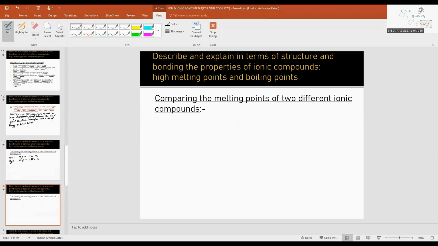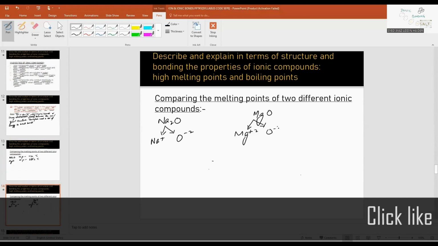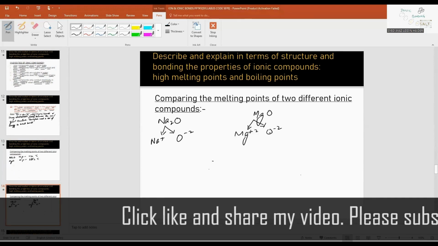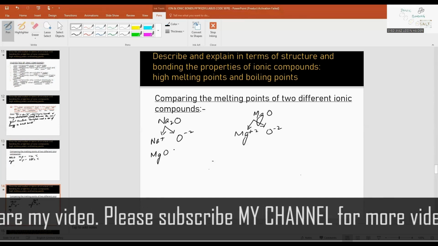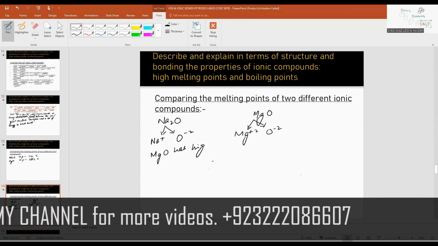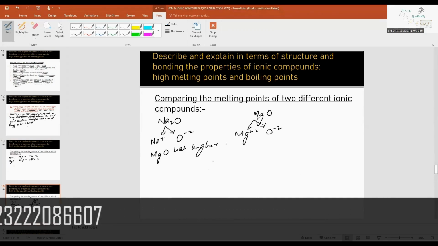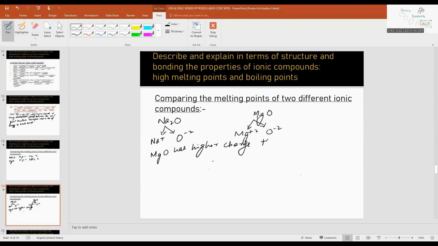You see the difference in the formulas of sodium oxide and magnesium oxide. I've already explained Na2O for sodium oxide and MgO for magnesium oxide. There are a lot of Na+ and O2- ions in Na2O. In MgO, there are Mg2+ and O2- ions, which means MgO has a higher charge than Na2O.